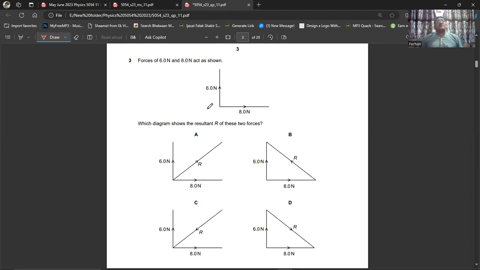So when the tails of the two vectors are joining each other, then you can find their resultant force by applying the parallelogram law. For completing the parallelogram, I will complete the parallelogram, and where the tails are joined, I will join it with the opposite corner, and that will give me the resultant vector.